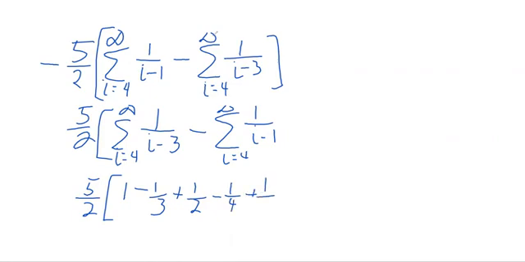And then I'm going to get a plus a 1/3 minus a 1/5. And then this process is going to continue. Next thing you know, I'm going to get a 1/n, and I'm going to subtract a 1/n minus 2.